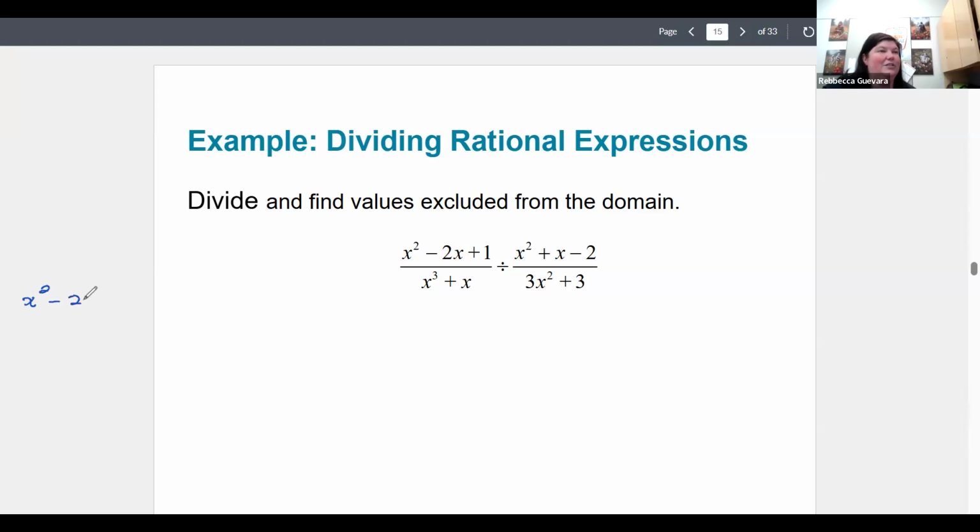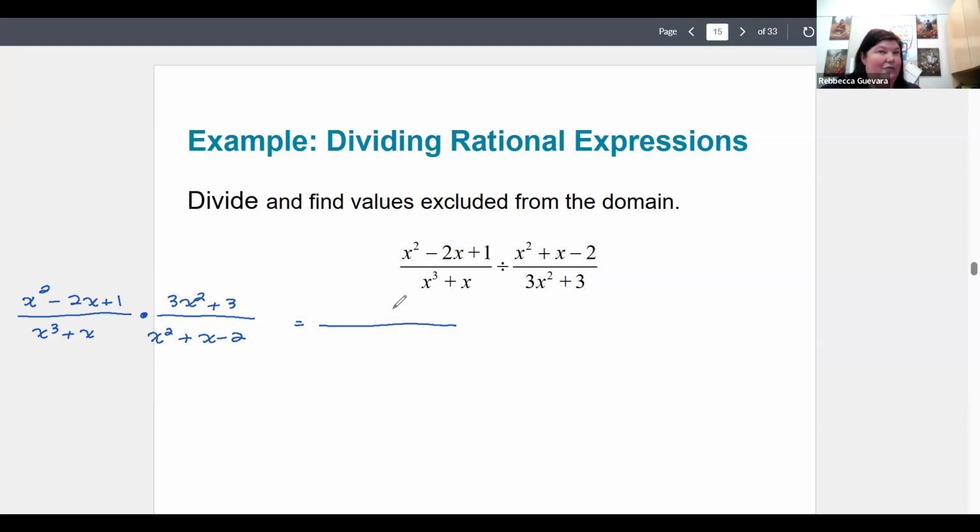So we have 2x over x squared minus 2x plus 1 by x cubed plus x, and now it's going to be times. And this flips, so now it's going to be 3x squared plus 3 on top, and the x squared plus x minus 2 on bottom. Now, we have something we're familiar with, so we just need to do the factoring.